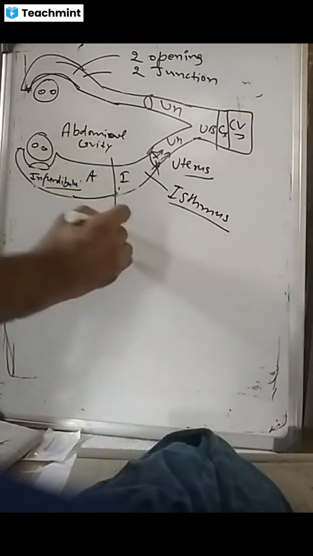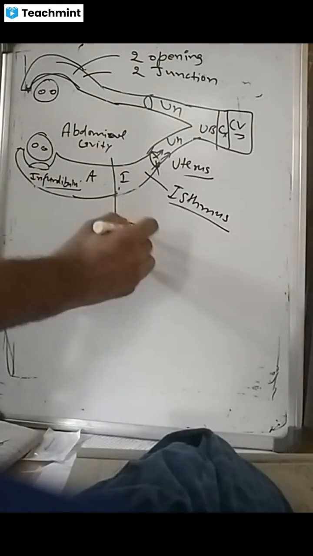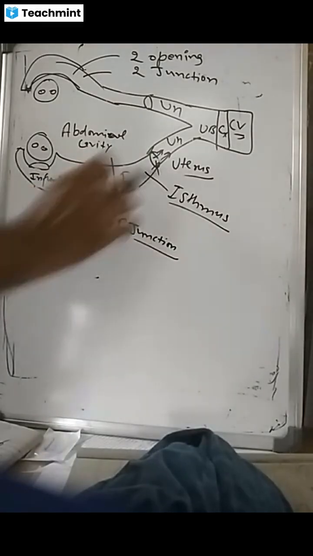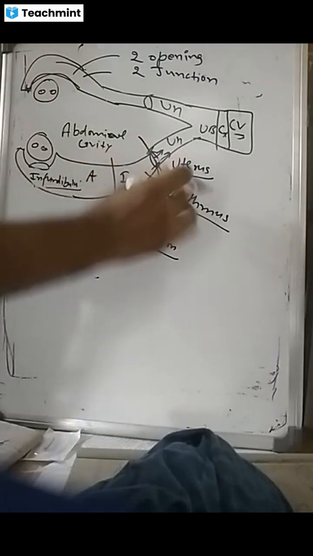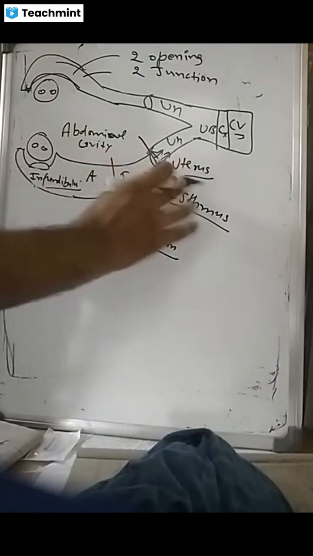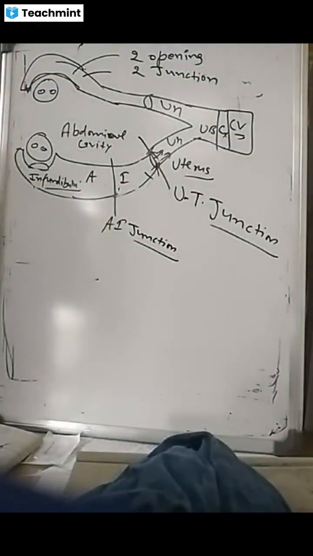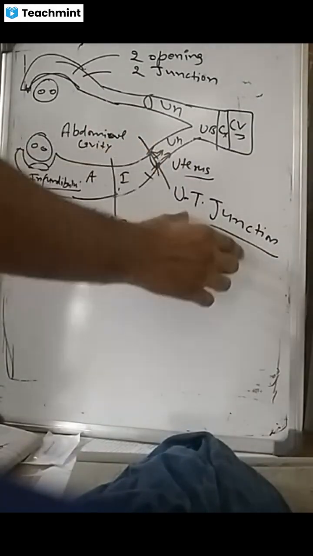The ampullary-isthmic junction is here, and then the utero-tubal junction with the uterus.